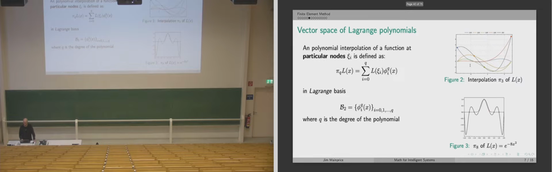One thing to note is that in the Lagrange basis for the vector space of polynomials, we are very much subject to the order that we select when we interpolate a function.